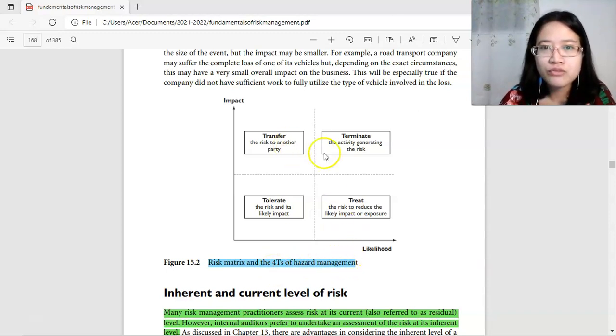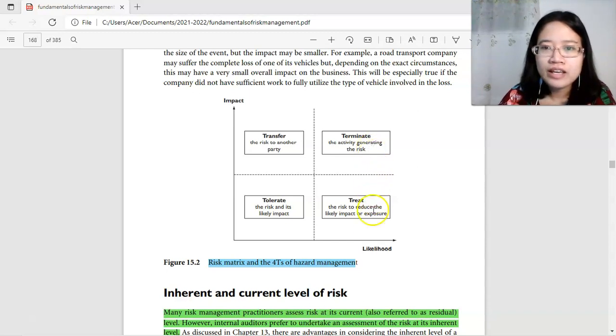Okay. For our 4 T's, when it is high impact and high likelihood, of course, what you want to do is to terminate, okay? Terminate the activity generating the risk, because you don't want it to happen, and you don't want to suffer the losses or consequences of it.